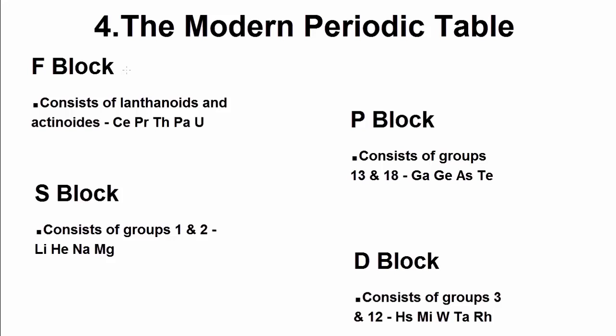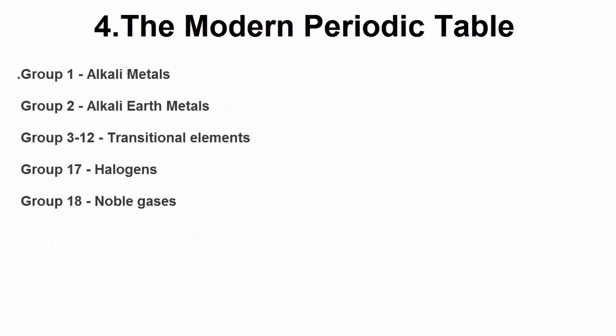And finally you have s block, that's group 1 and 2. Now all the elements in group 1 together have a common name called alkali metals, while group 2 has alkaline earth metals, and group 17 collectively are called halogens. And finally group 18, noble gases.